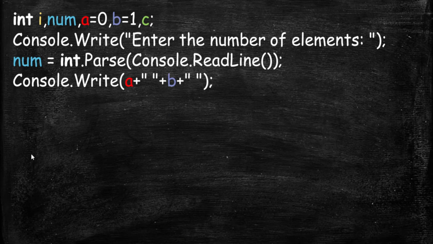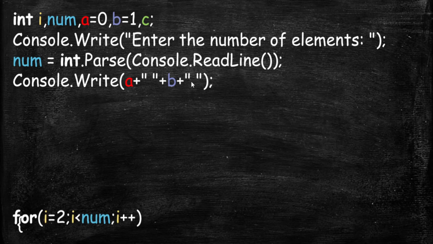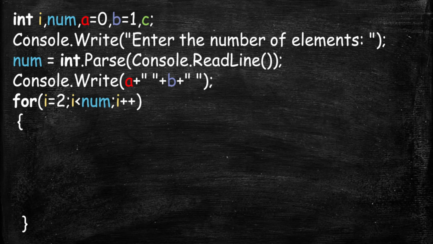Then we are printing Console.WriteLine a, space, b, which we already discussed. a is equal to 0 and b is equal to 1. This will print 0 space 1 in the results, since we know that the Fibonacci series starts from 0 and 1 by default. Then we have a for loop, and here we are using the i variable.